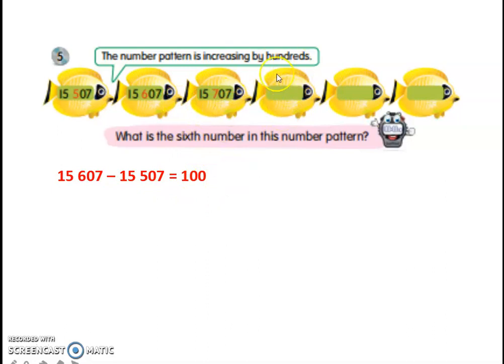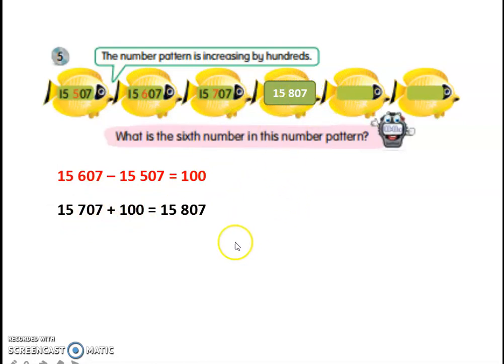So we have to find the next one. We use this number, 15,707, plus 100 because it is increasing. Increasing means we have to plus.